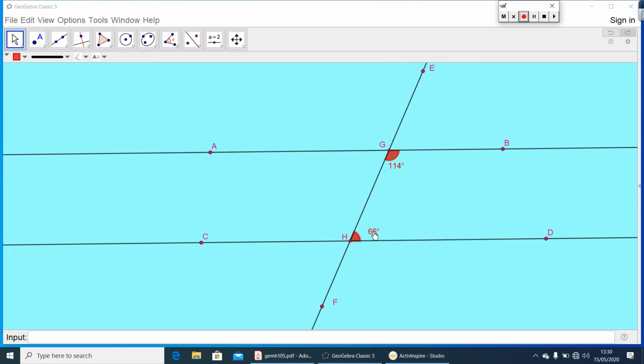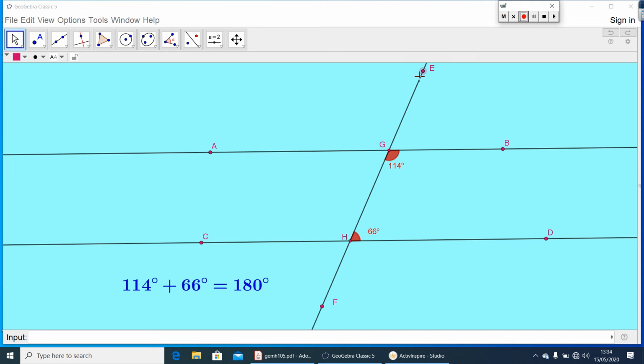Are they equal? No. It is 114 degree, 66 degree. Now you add these two angles. What answer will you get? 114 plus 66, you will get 180 degree.